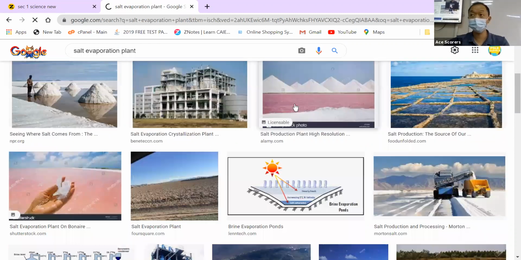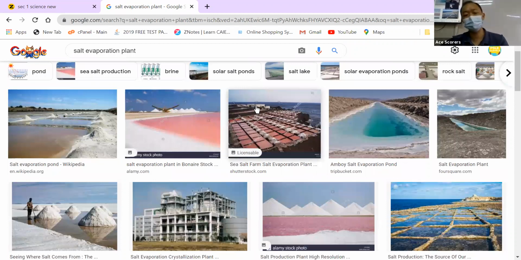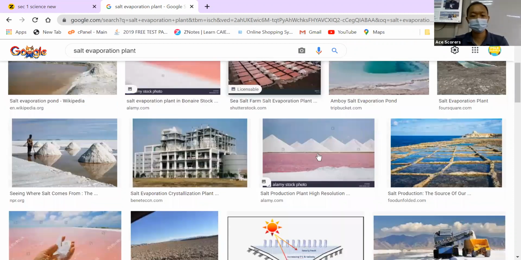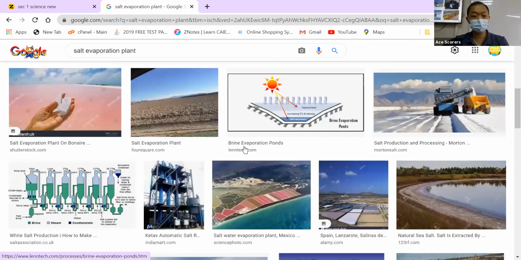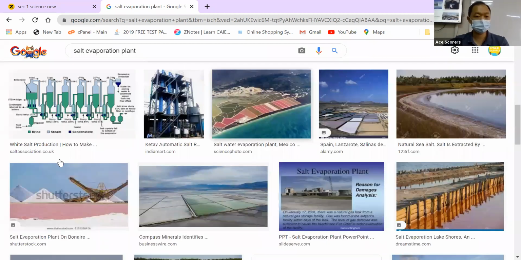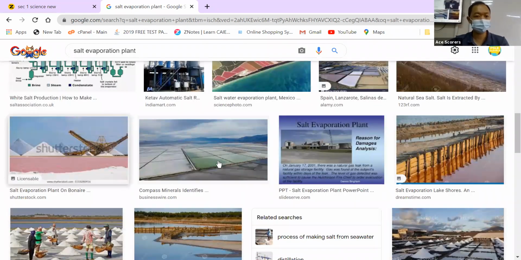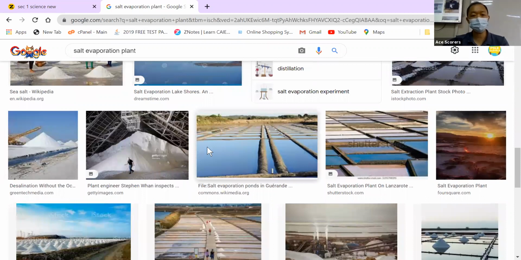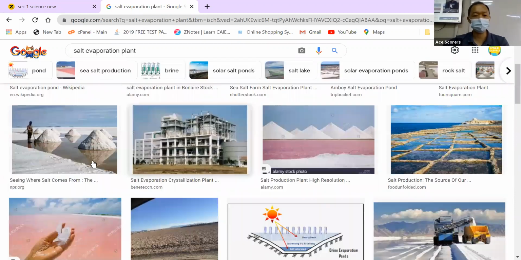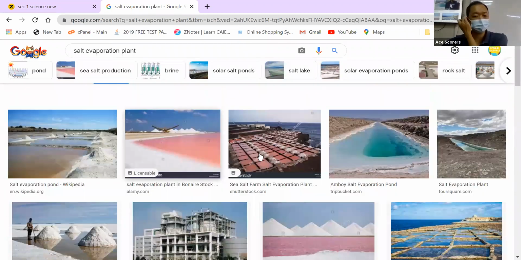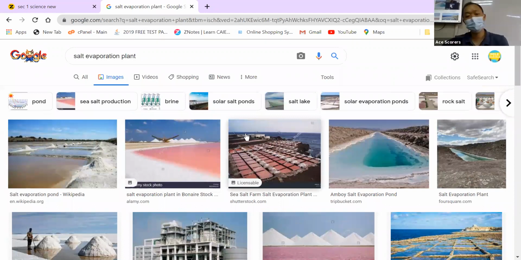The place or the organization of the equipment, all this, we call it a plant. This is a plant. So the salt is really pink color. I thought it's not pink. So basically, they just put the seawater there and then just let the water evaporate, and you'll be left with the salt particles.